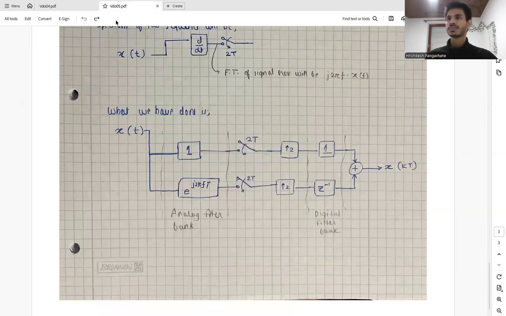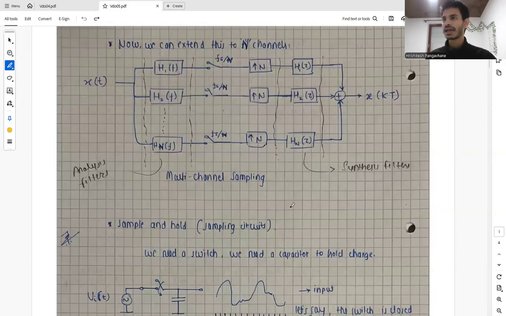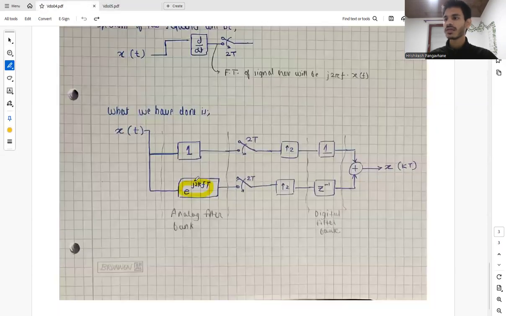So then we talked about sampling at N channels, right? So we can extend the same mathematics or same explanation for N channels, where we have basically filters whose transfer functions are H1, H2, and those are functions of frequency up to H of N. So over here we laid the idea of advancing the signal by T for this channel in order to jump to the first odd sample.